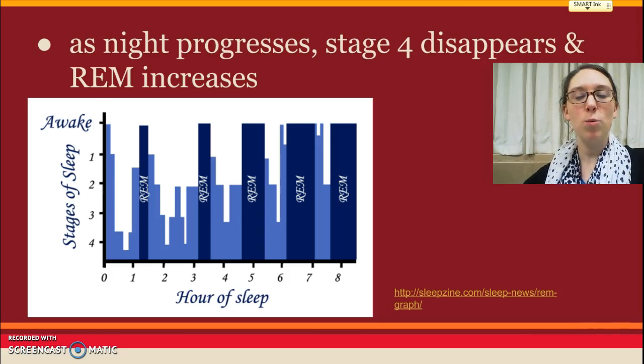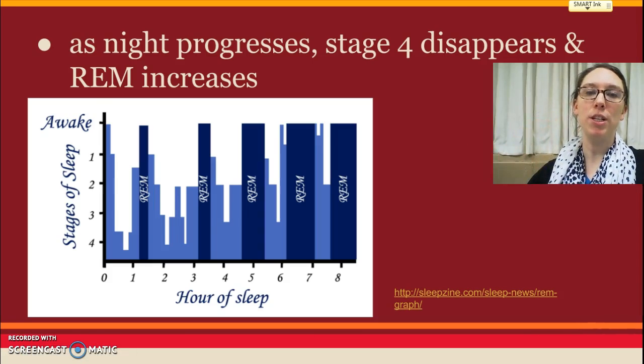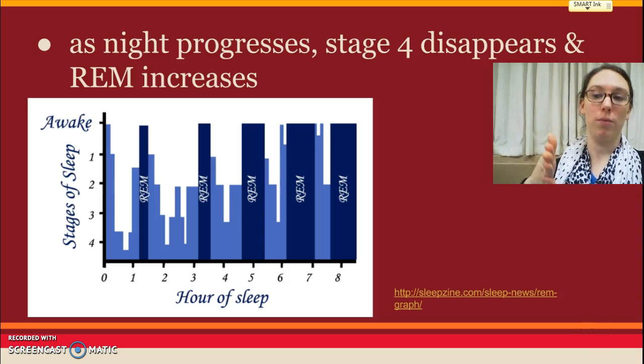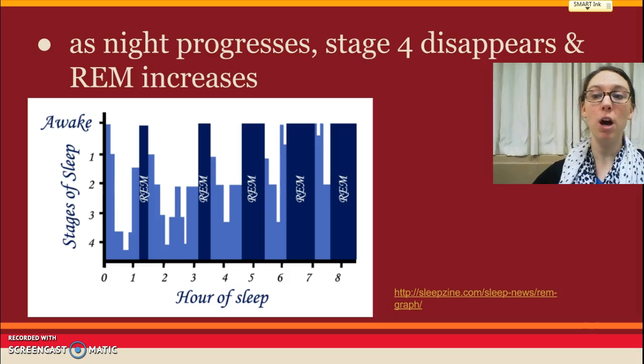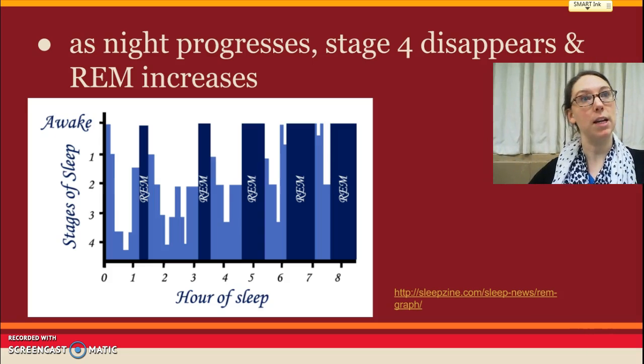All right, so we've gone through the basic sleep stages, but we've only really talked about one cycle of all of these sleep stages. And as you know, we go through around 4 to 5 cycles a night, but each cycle is not identical.